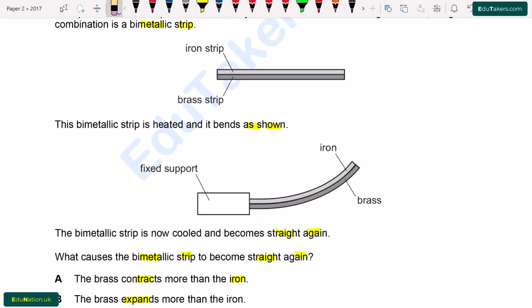So first of all, there are two materials, iron and brass. Brass expands more as compared to iron. I write here, brass expands more as compared to iron.